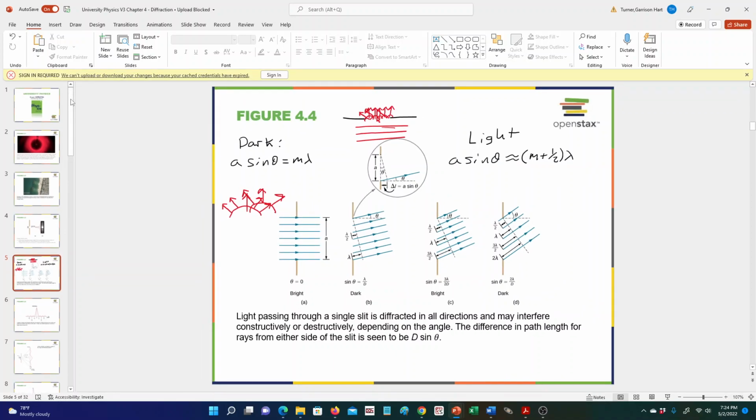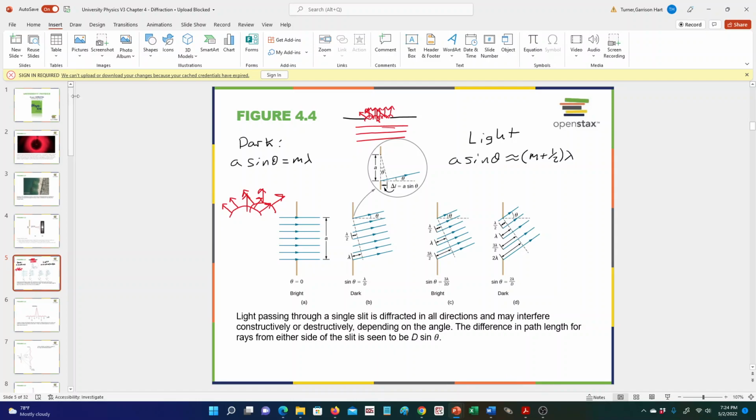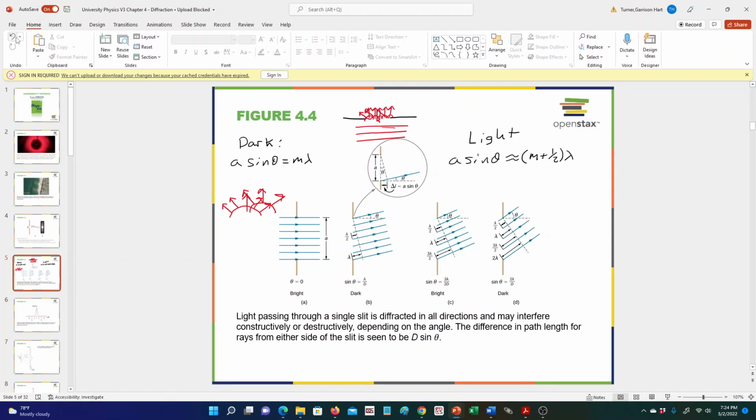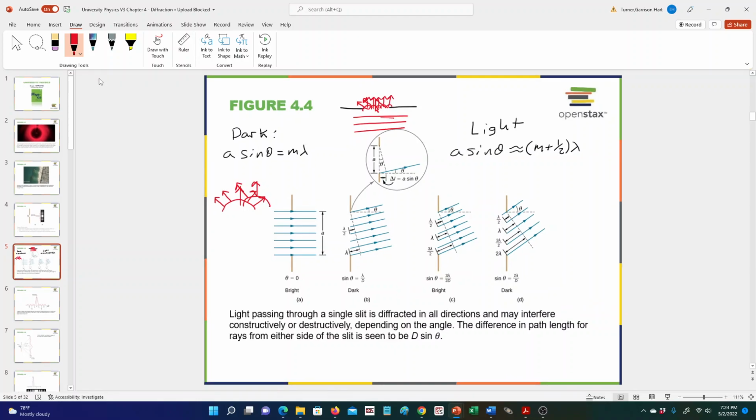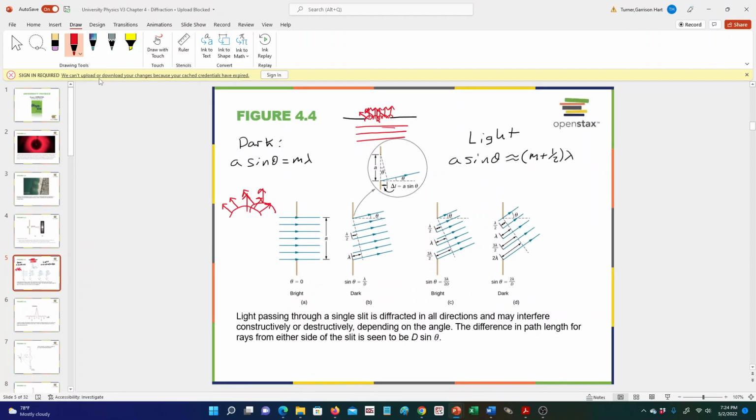That's the bottom line. And I apologize for the drawing and for the haphazard nature of the PowerPoint here. But in any case, each of these waves that you're seeing, these rays in this diagram, they can be from the same wavefront.